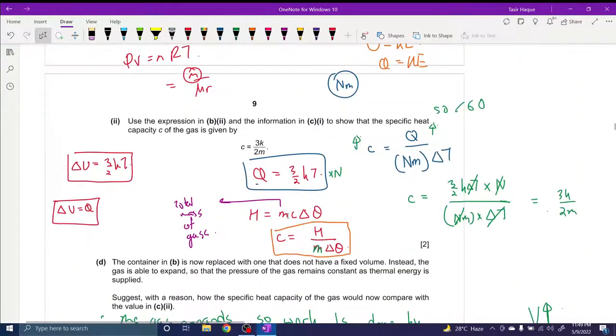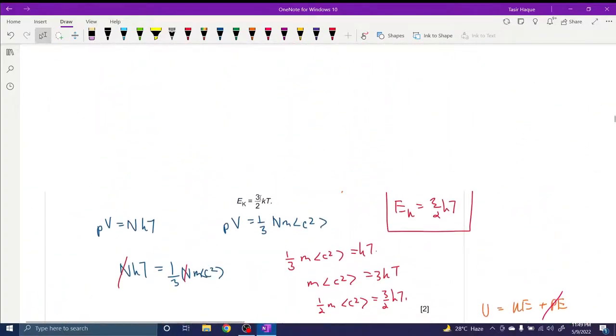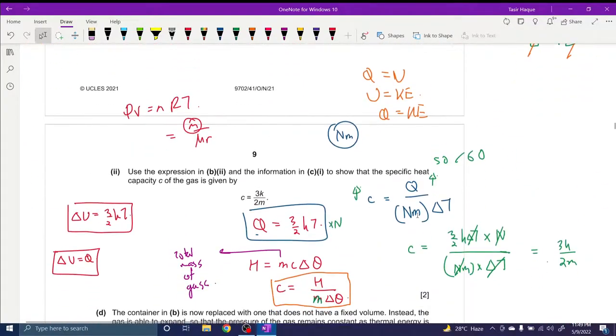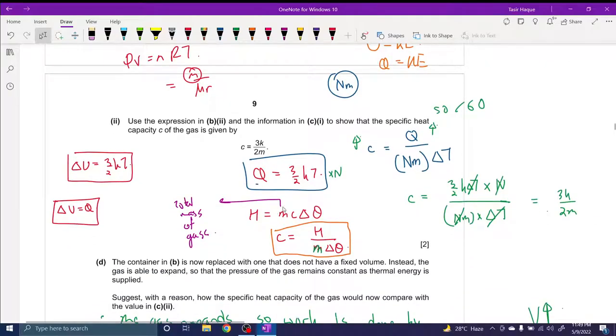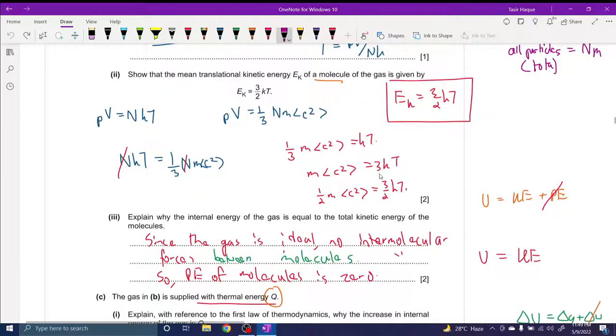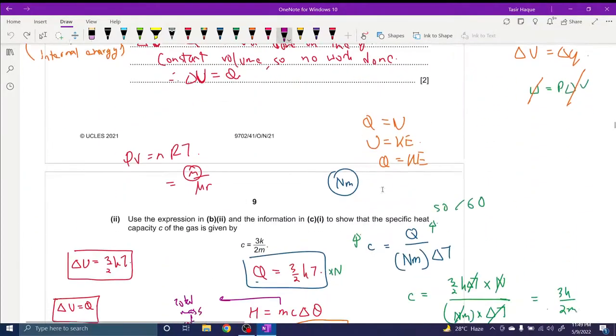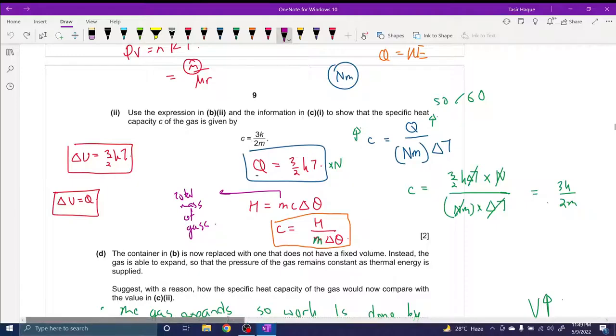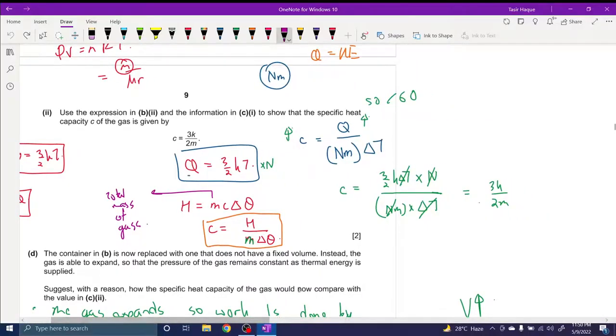That's why I substituted Nm over here, and I'm writing del T because it matches with the question. So in the place of this m, I substituted Nm, the total mass of the gas, and in place of H, I'm substituting Q, and in the place of Q, we can write N times 3 by 2 k del T. Why N times? Because 3 by 2 kT is the change in energy for one particle.